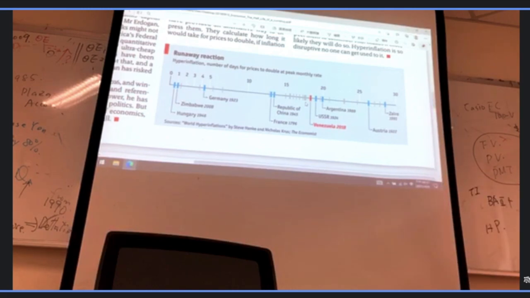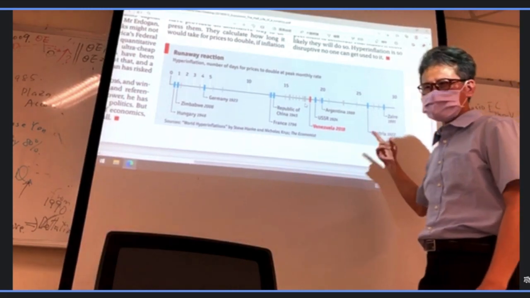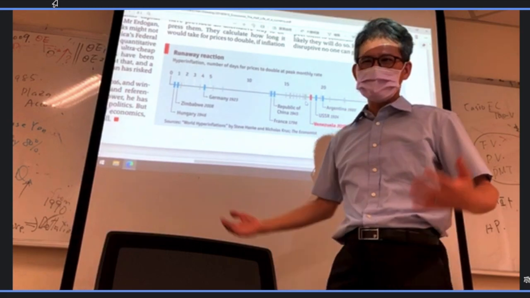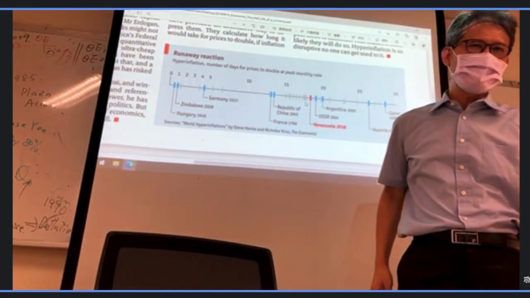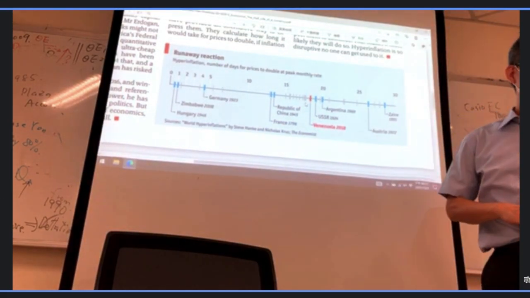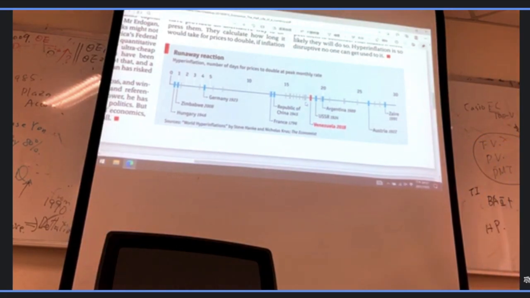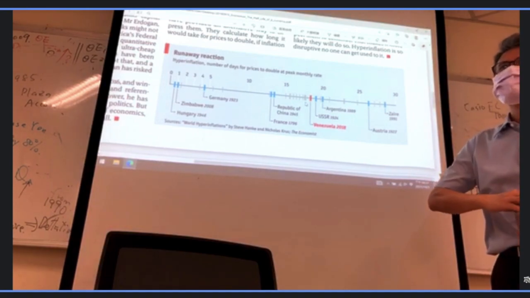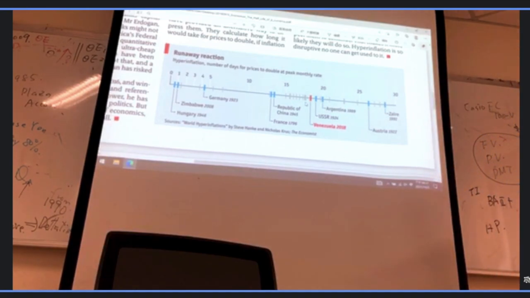So, well, this is one interesting article to show us the comparative hyperinflation rate. Okay. So let me introduce the inflation, how to measure the inflation.